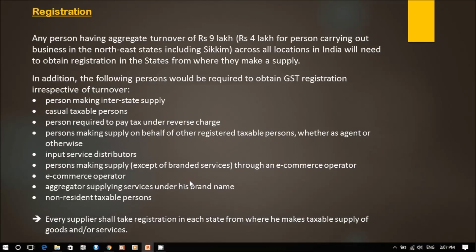Every supplier shall take registration in each state from where he makes taxable supply of goods and or services, as I discussed earlier in the beginning part of the registration.